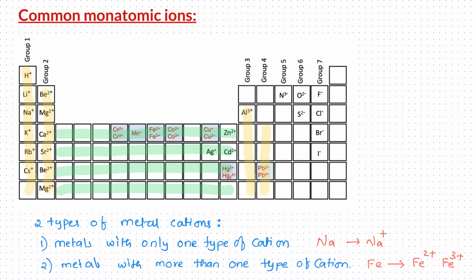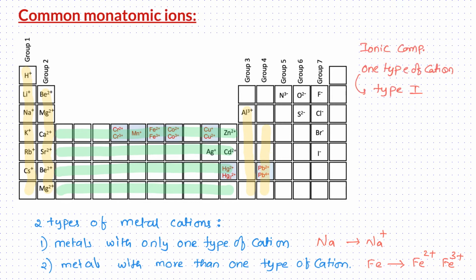That being said, there are several exceptions to this. As you can see, silver, which is in the d block, can form only one type of cation, while lead, which is in the p block or group 4, can form two types of cations, which are Pb2+ and Pb4+.